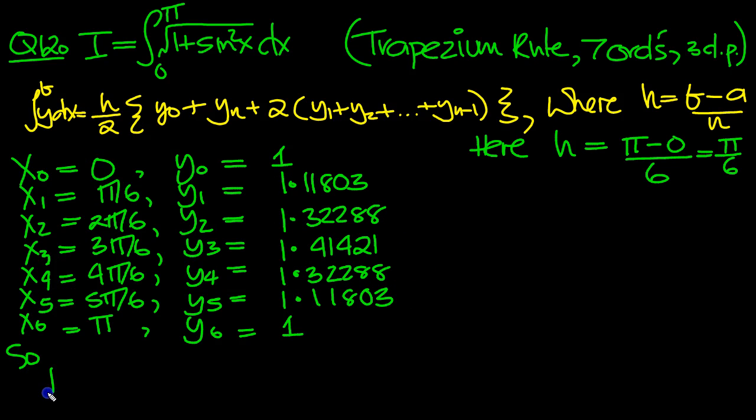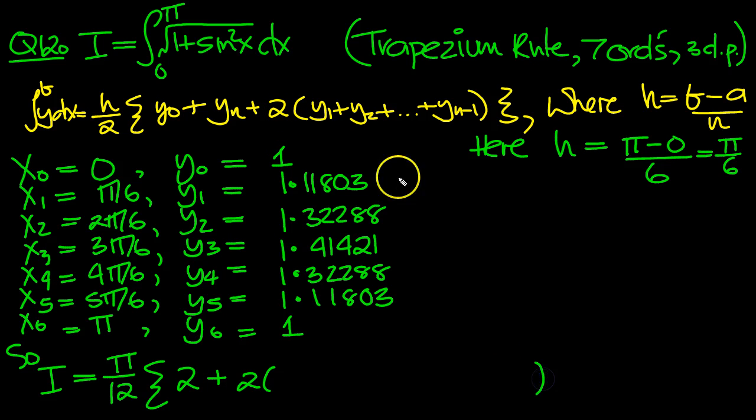So the integral, according to the trapezium rule then, will be, here's the formula, h over 2, pi over 6 over 2 is pi over 12, times the first and the last added together, they add up to 2, don't they? Plus 2 times all the numbers in between. So I'm going to just add them up in my calculator, and then we can put them in here and work out the calculation. So here's the numbers that we need to add up. There's 2 of those, if you notice, and 2 of those, so that makes life a little bit easier.